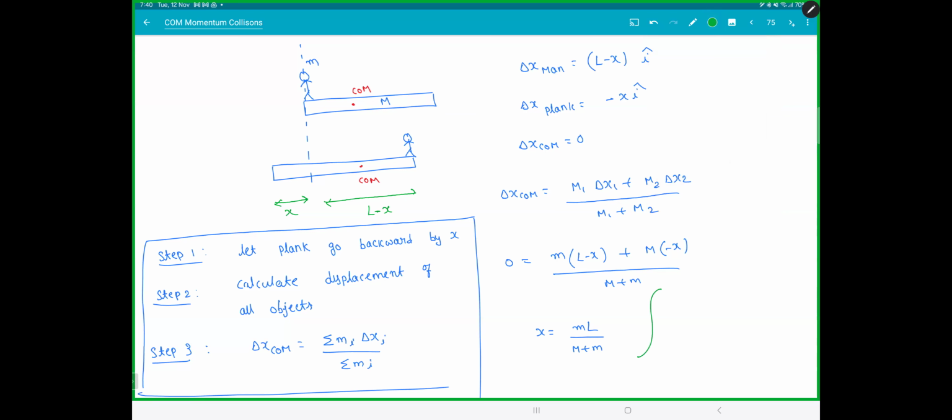Suppose the same problem, if they say the man is walking with speed u relative to the plank, so instead of when he goes to the corner, if he's running, then I can find the speed of the plank also. The speed of the plank will be, in place of L, u will come, that's it.